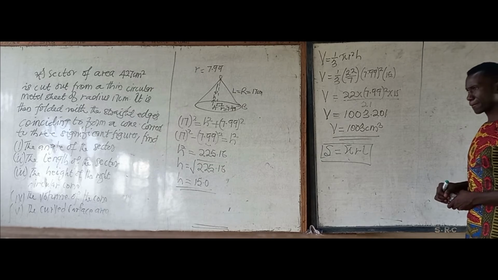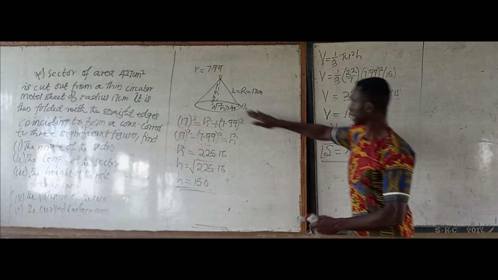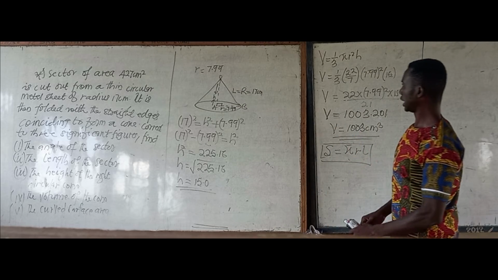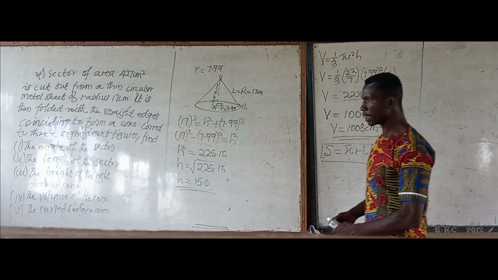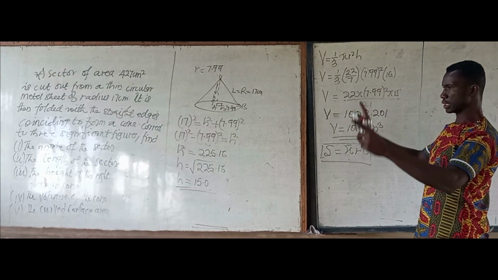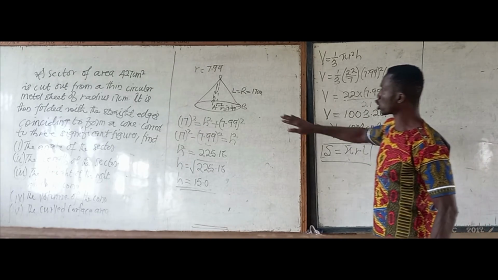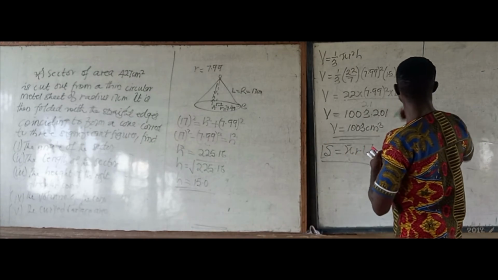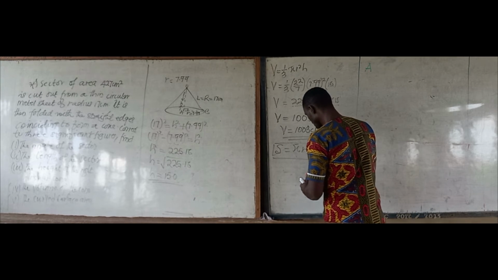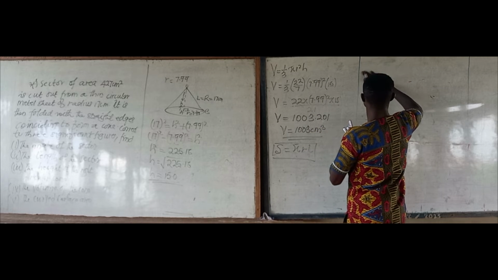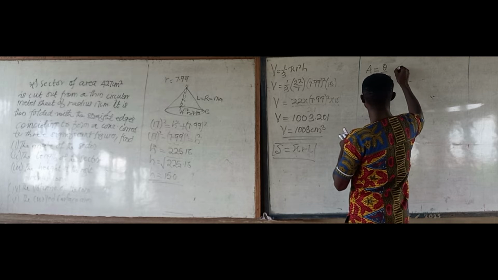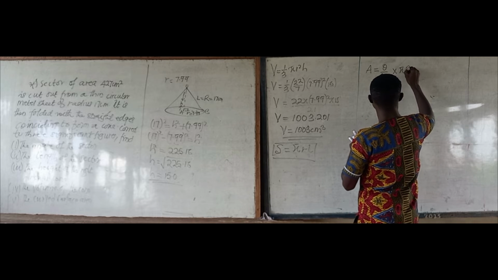You realize that when you pick a cone, this is the curved surface area of a cone. And that curved surface area is the area that formed the sector. The area of a sector is given by theta over 360 times pi R squared.